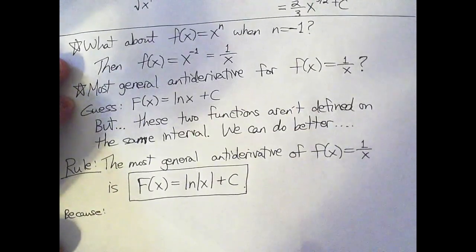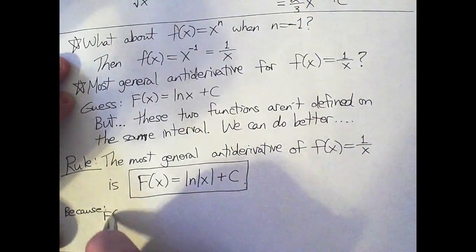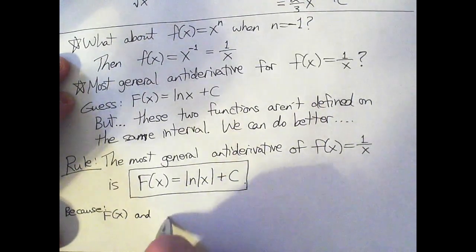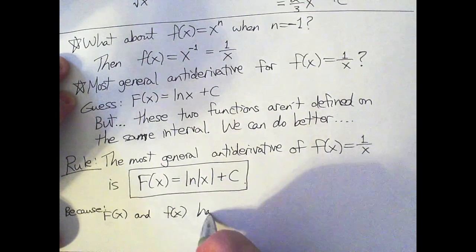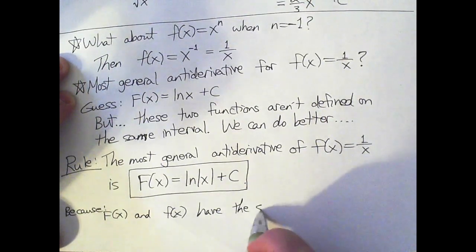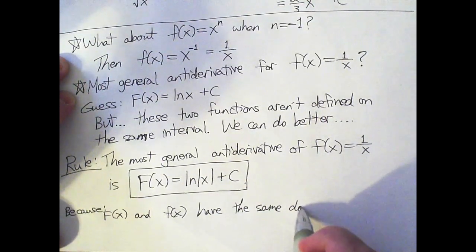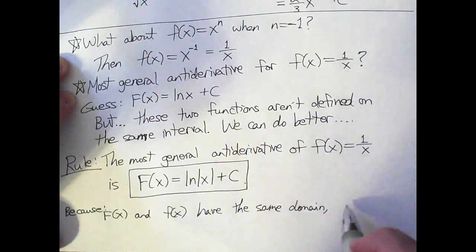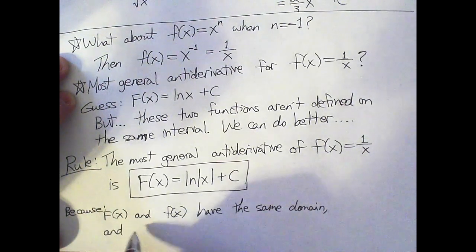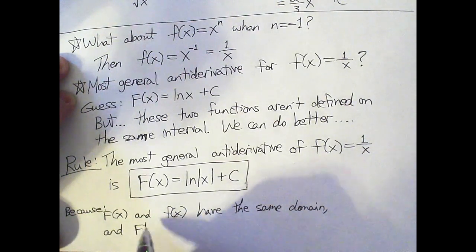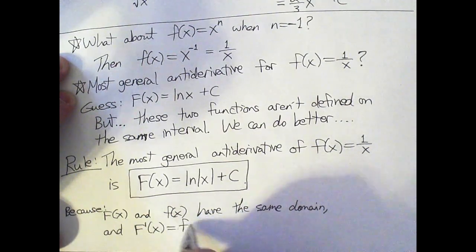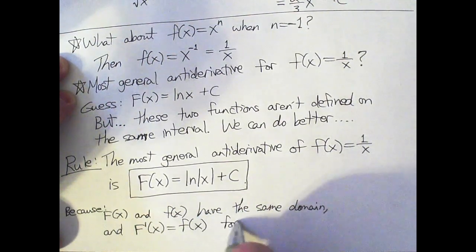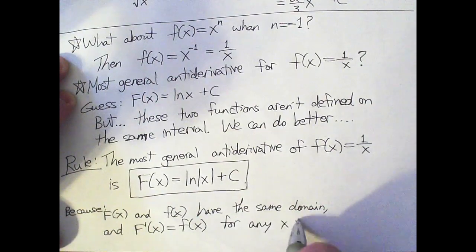So I'll just say one sentence: capital F of x and lowercase f of x have the same domain, and capital F prime of x equals lowercase f of x for any x in the domain.